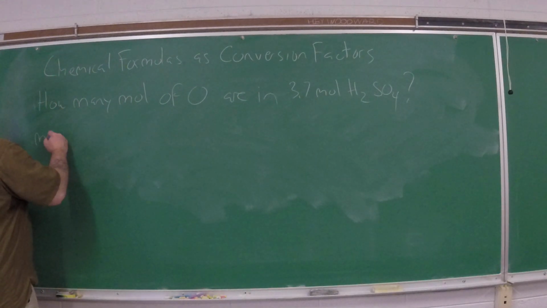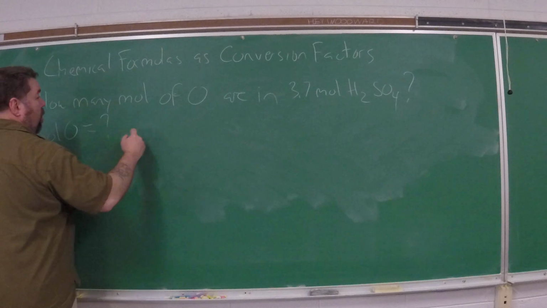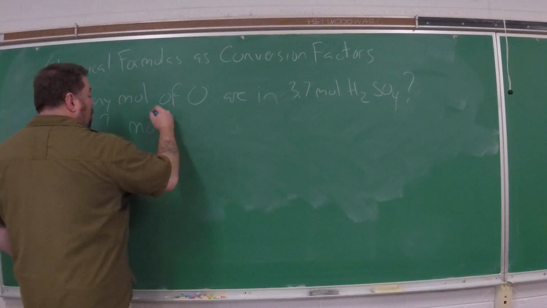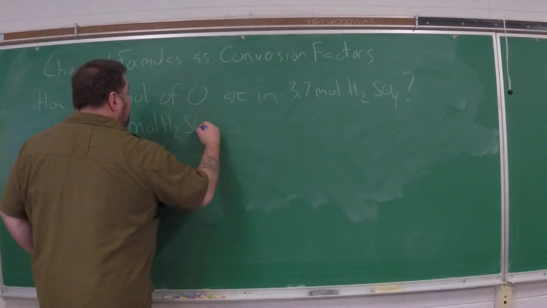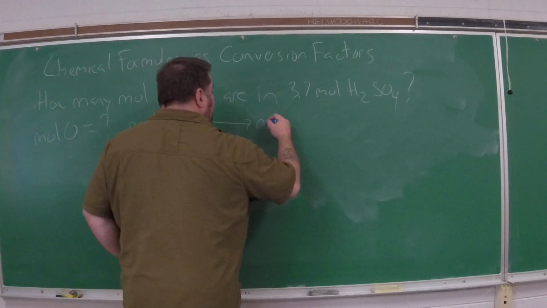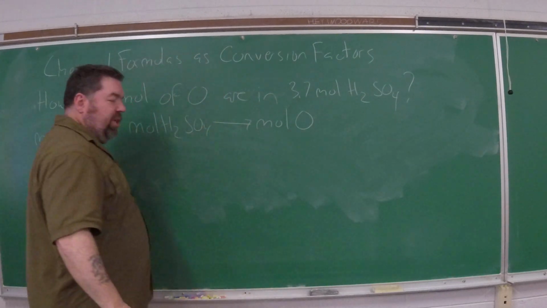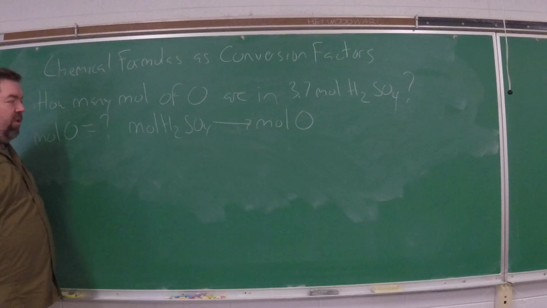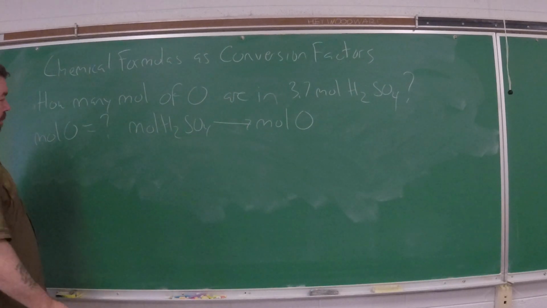So we want to know moles of oxygen, right? Question mark, what are we going to do? We're going to go from moles of sulfuric acid to moles of oxygen using our chemical formula as a conversion factor. That's it.